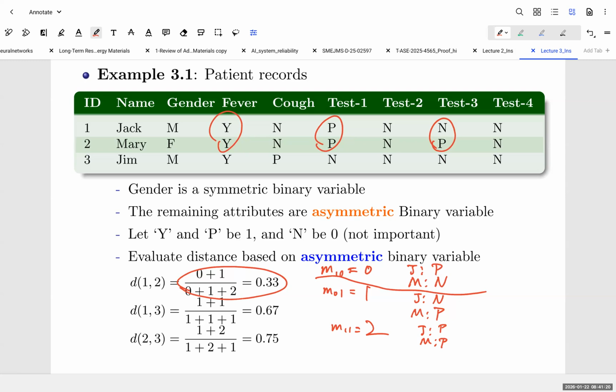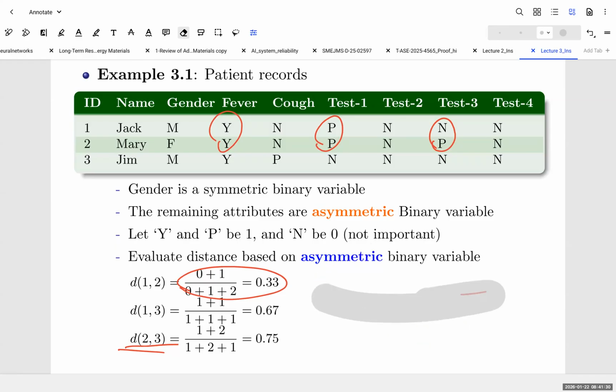Then we consider, for example, Mary and Jim. Mary is positive, Jim is negative, this one, this one.